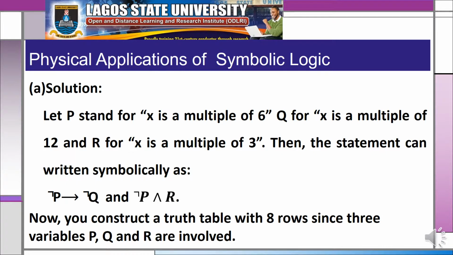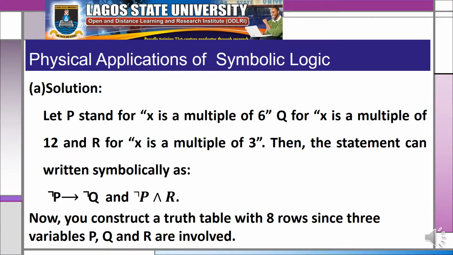Solution. Again, as in the previous example, we assume that P stands for x is a multiple of 6, Q stands for x is a multiple of 12, and R stands for x is a multiple of 3. Then the statement can be written symbolically as not P implies not Q, and not P or R.